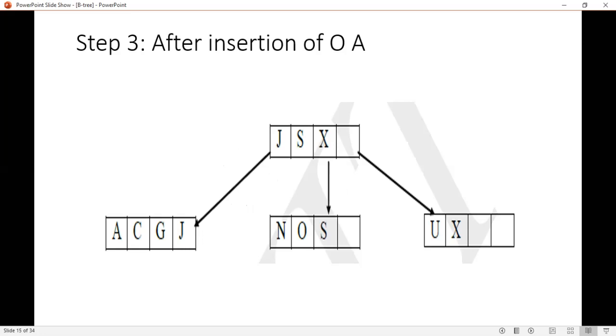Okay. Now you can split it following the rule, that is you should have a minimum of 2 keys in a node. So you can split it as one node A, C, E, and E will go to the root now, okay. Next node will be G, J will go to the root. Now in the root node what happens? First it will be E followed by J followed by S followed by X, okay.